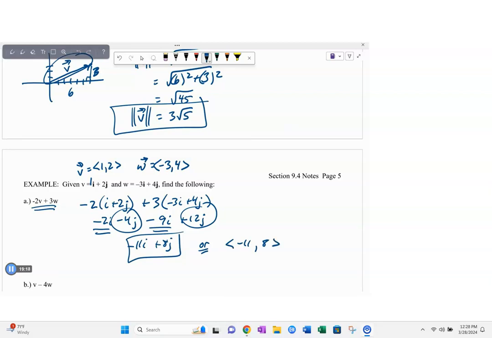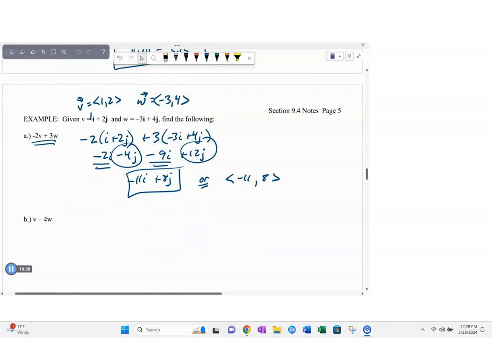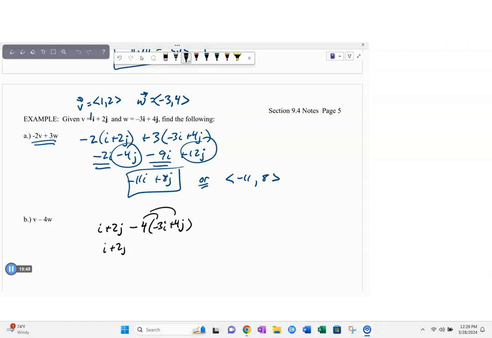Okay. v minus 4w. This is a good time. Why don't you guys go ahead and pause it and try this next one. v minus 4w. Given w is -3i plus 4j. i plus 12i, 13i, 2j minus 16j, negative 14j.